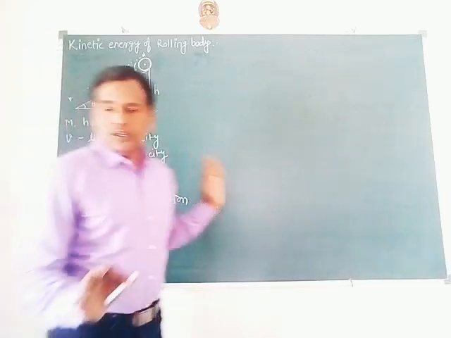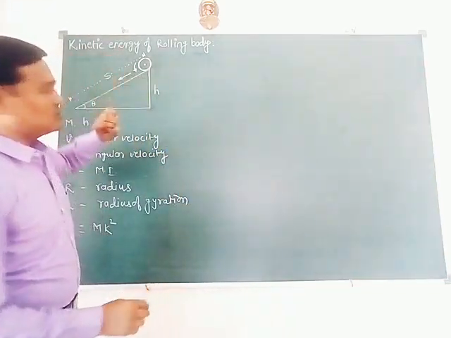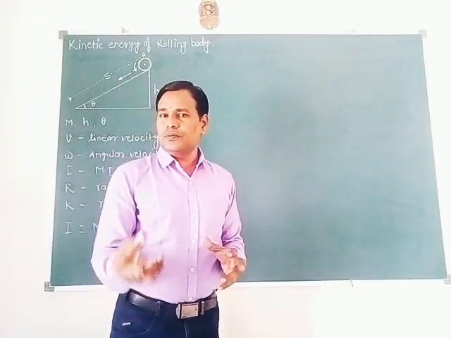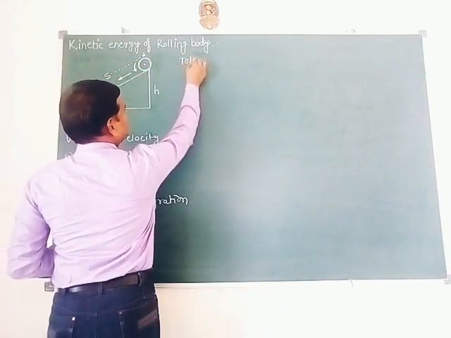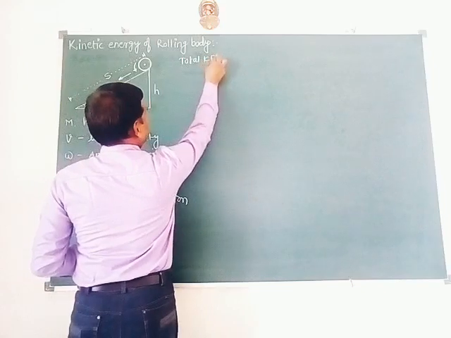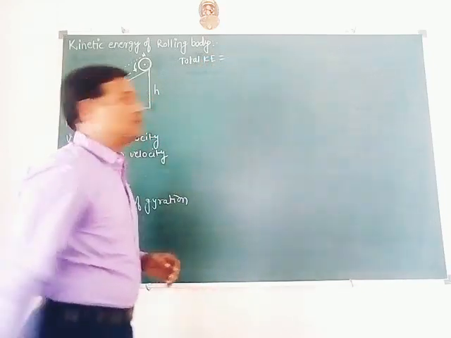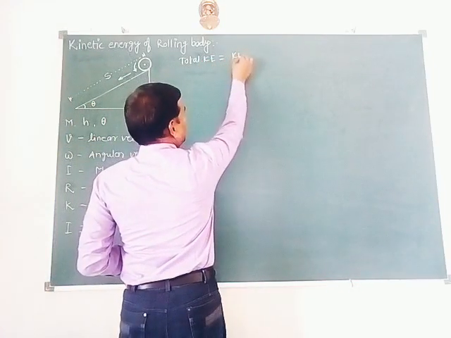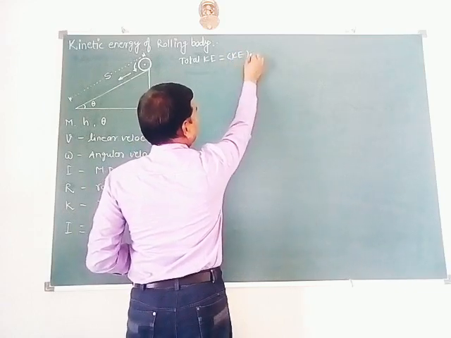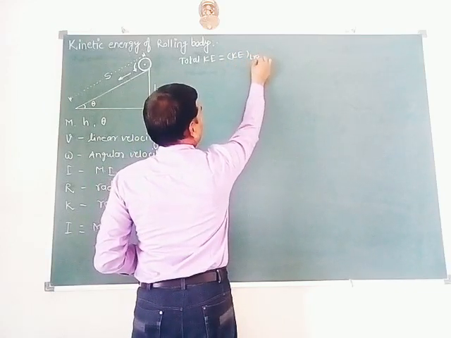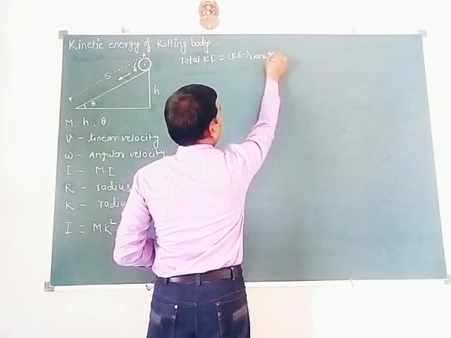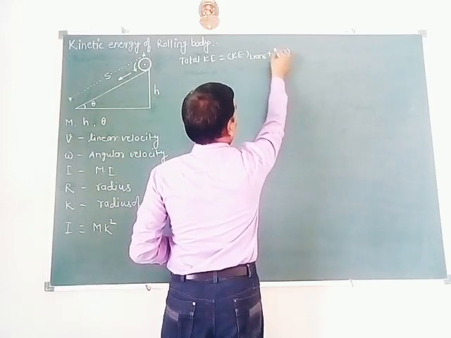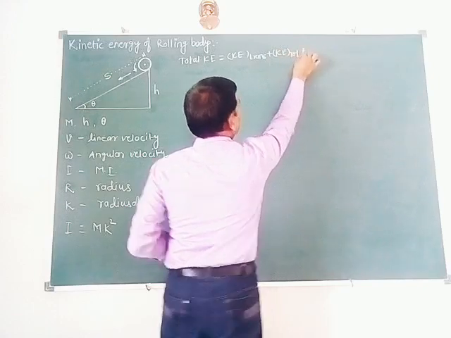Now, as we have seen, the total energy of this object is combination of two types of energy. So total kinetic energy is equal to kinetic energy translational plus kinetic energy rotational.